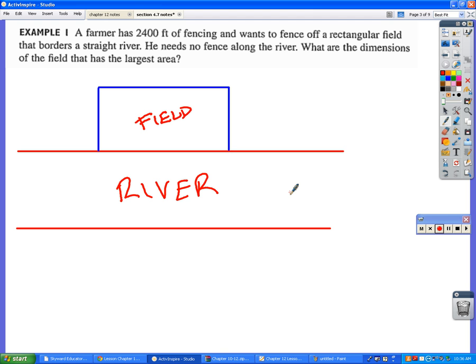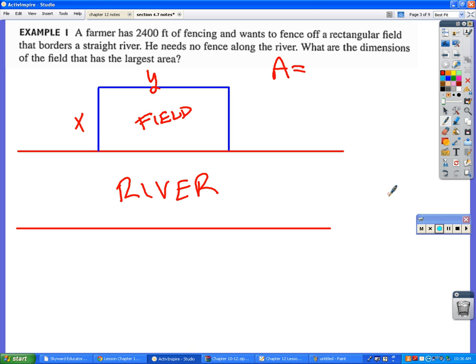Okay, so what are we going to do? How do you want to label the sides? X and Y. How creative, Mary. And so it says, what are the dimensions of the field that has the largest area? So what's the area of that field?